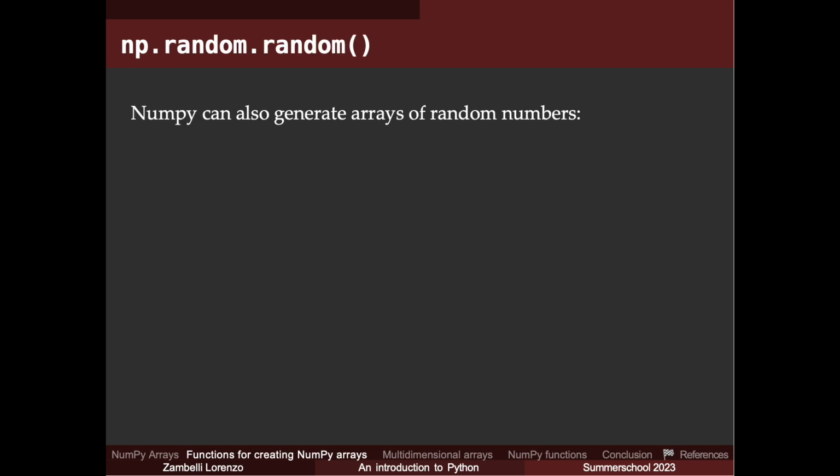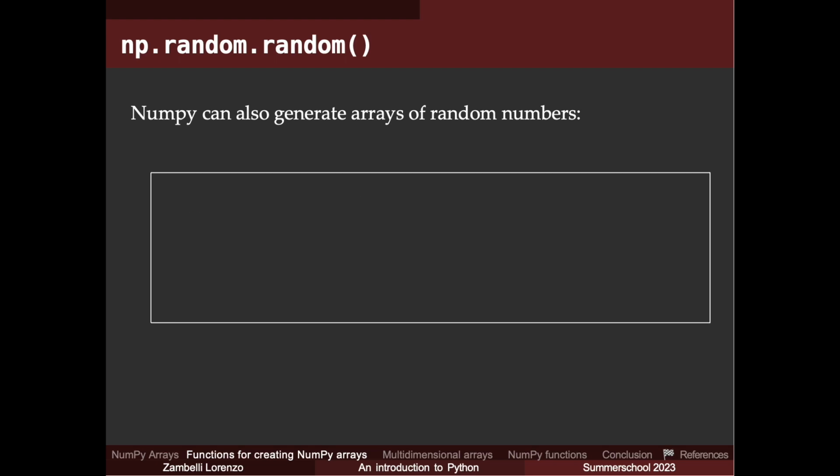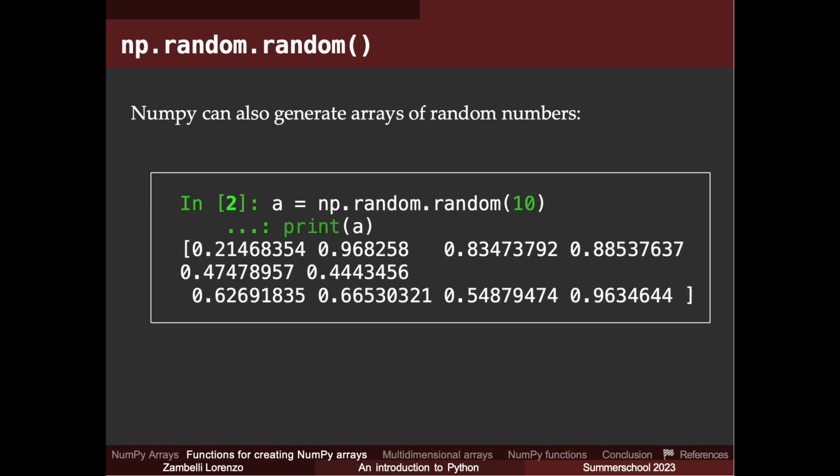It's kind of nice. Another nice function that you're going to use to plot other functions or for any other reason is the random function. It returns random numbers. It works in this way: np.random 10. So we print a. We want to have 10 random numbers, and there you go.